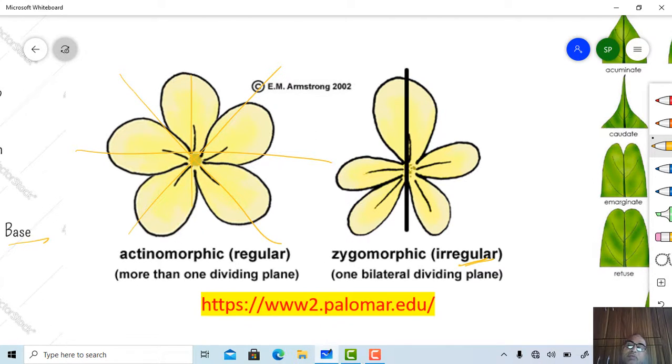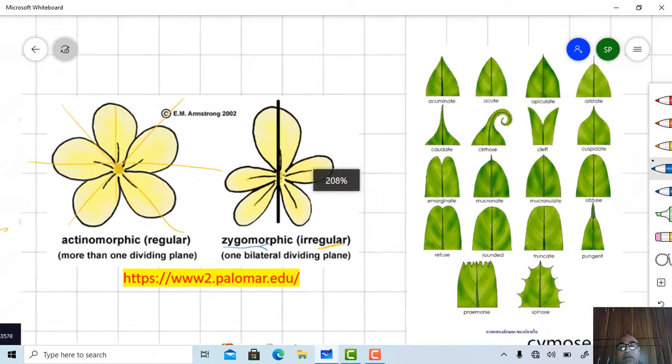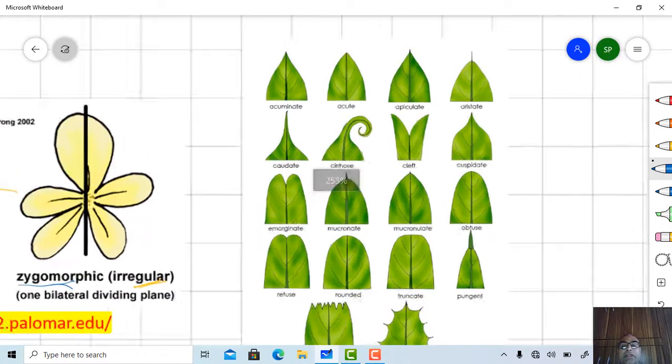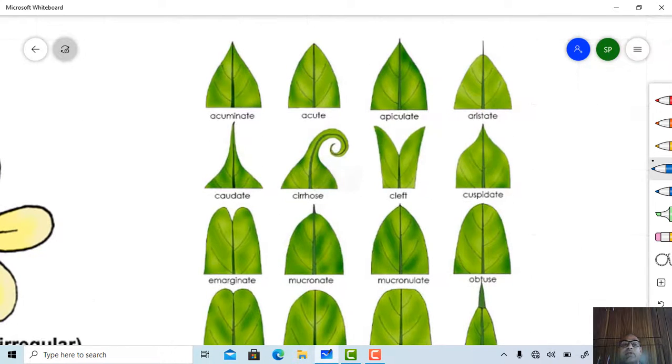Here if we take a vertical section, it can be divided into two parts through only a single plane. So only if a single plane is present, it is considered zygomorphic, and if no plane is available, then it is called asymmetric or irregular type of flower.